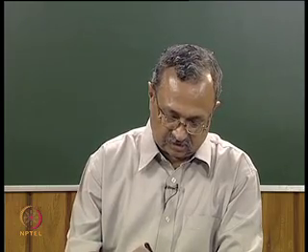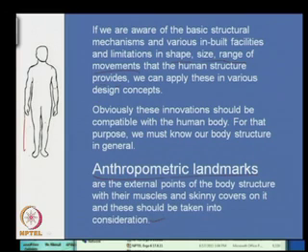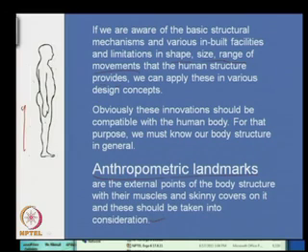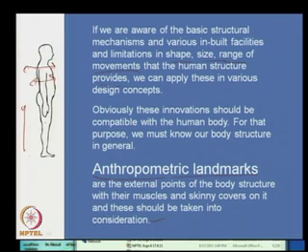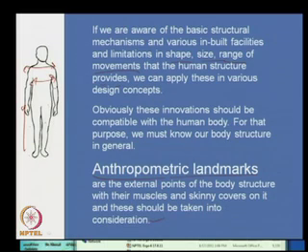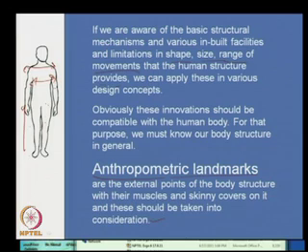So, these are the different landmarks. The height, length, depth and breadth are the different anthropometric parameters, and these different points in the body are the landmarks that we are going to discuss in the next session in detail.